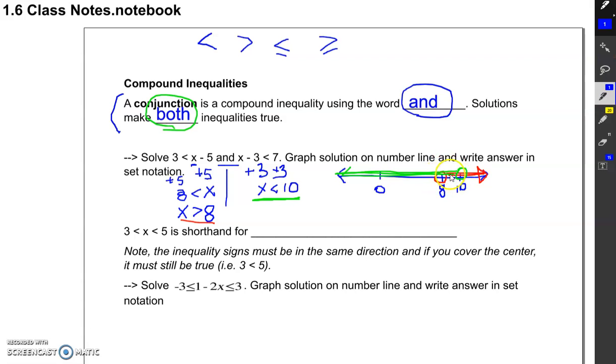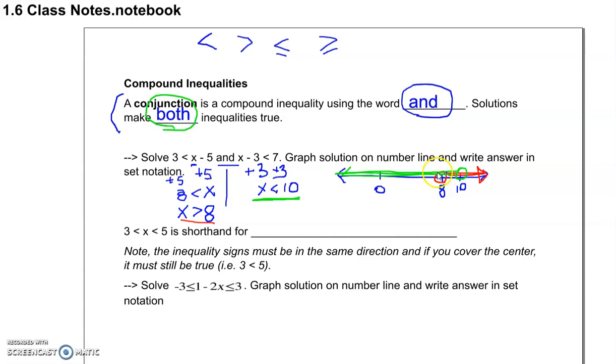So I'm going to put an open circle on the 8, an open circle on the 10, and we just want these numbers in between. So even though I have some numbers marked with red and green, those are not my final answer. My final answer is this part right here that is in blue. It's that overlap. So anytime you have the word and, you're looking for where your 2 inequalities overlap, and that's these points right here.